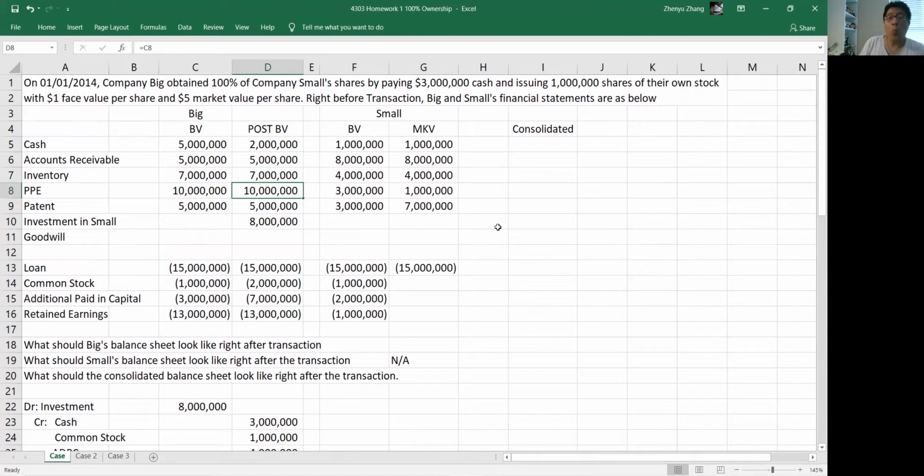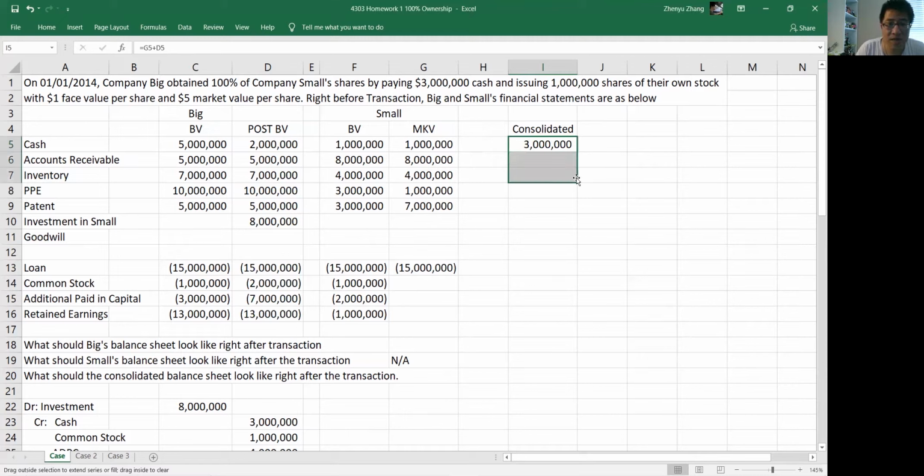So what is the consolidated balance sheet right after this? Again, we talked about market value and book value. I'll say that when we do the next one. So here, total cash becomes, there's no difference between market value and book value for cash, right? So accounts receivable becomes 13 million.